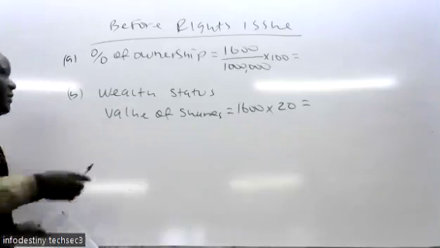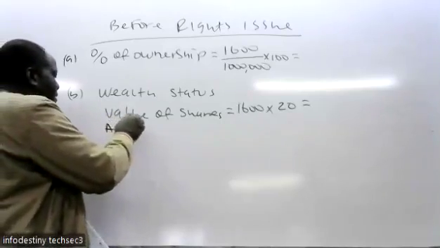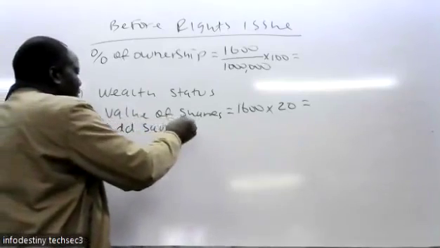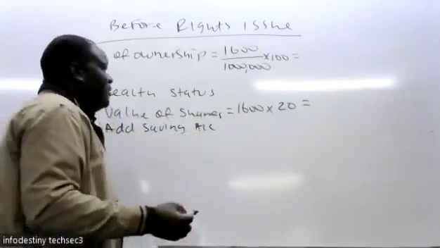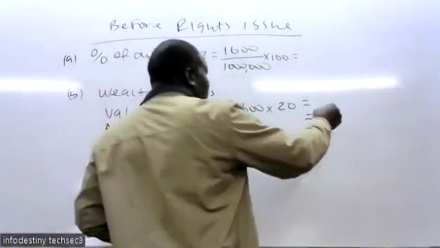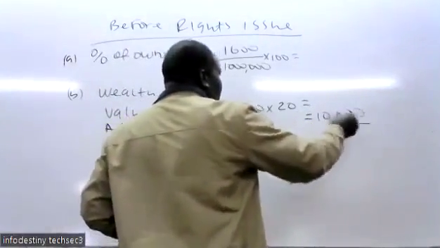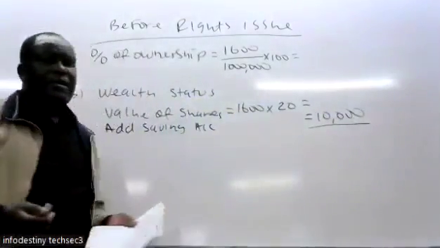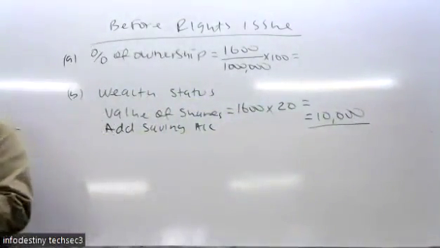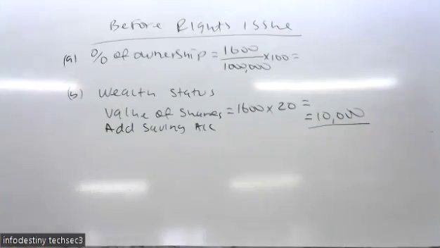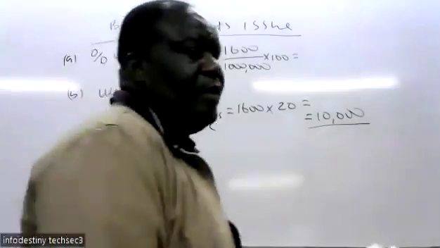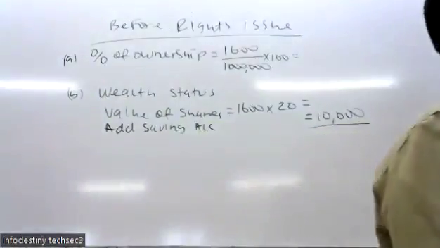So we also add the savings account, that money in the savings account is 10,000. You add them together to get the total amount. It comes to 42. So that is now before the rights issue.